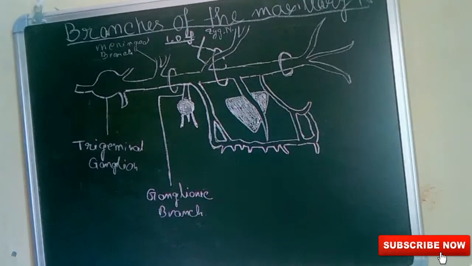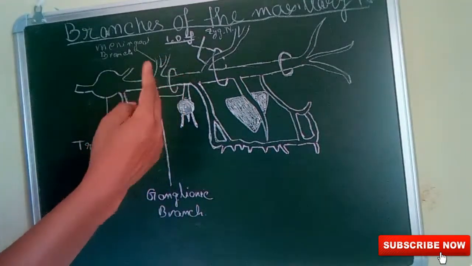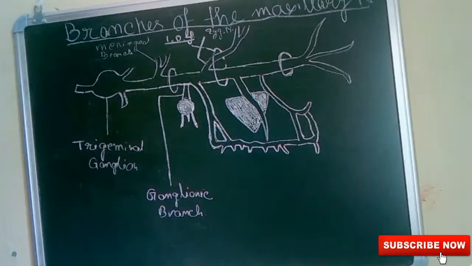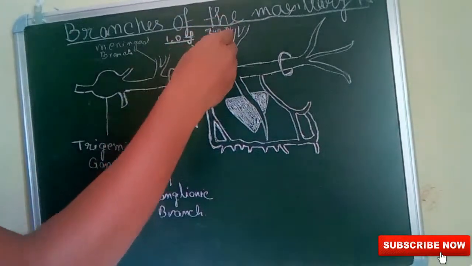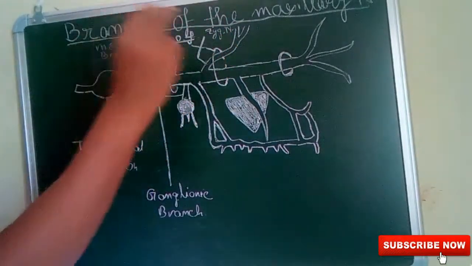So the zygomatic nerve divides into zygomaticotemporal and zygomaticofacial.